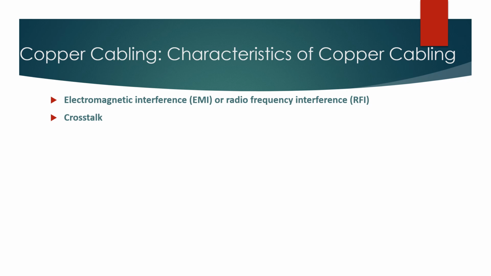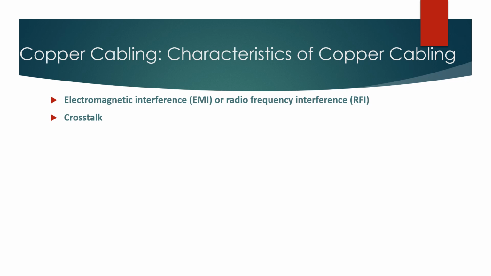The timing and the voltage values of the electrical pulses are also susceptible to interference from 2 sources. The first one is electromagnetic interference or radio frequency interference, known as EMI or RFI, and those signals can distort and corrupt the data signals being carried by copper media.